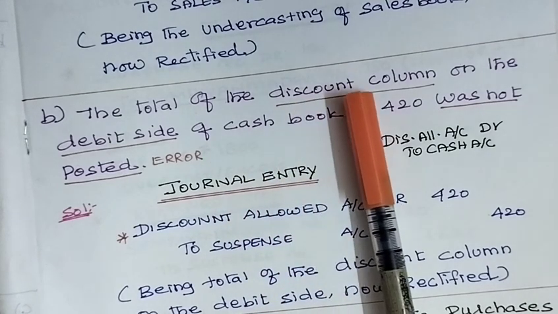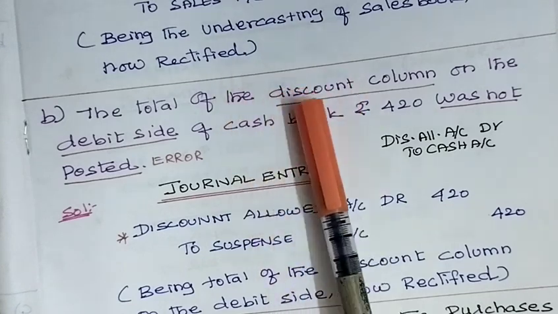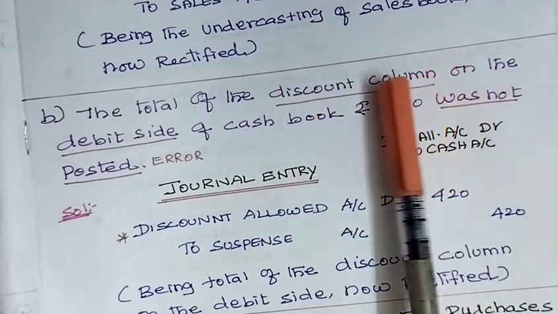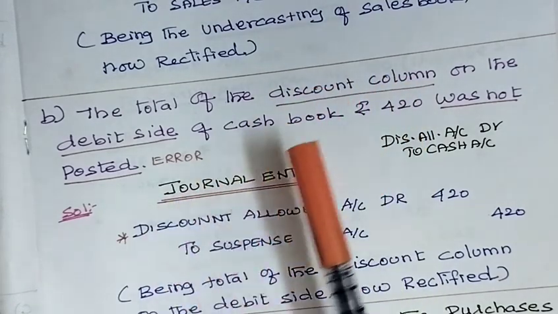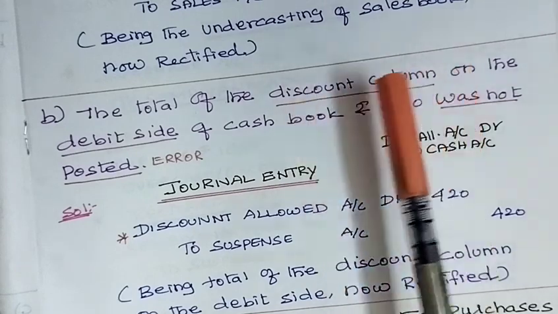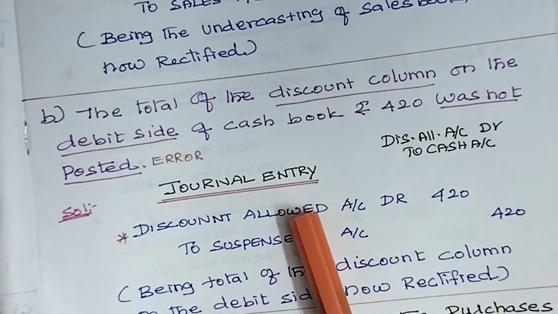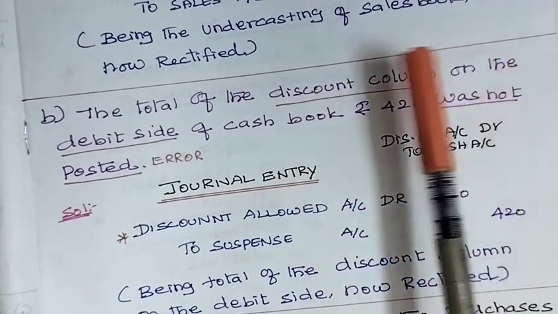What is the original journal entry for the discount column? That means discount allowed, so we have to debit the discount as given. You have to write discount allowed account debit 420 rupees. So we entered the discount column on the debit side.